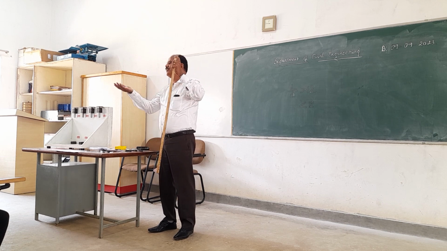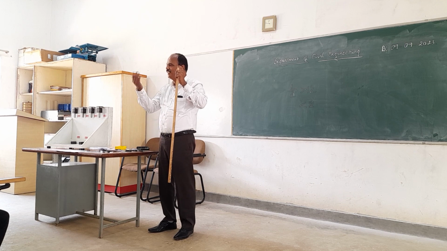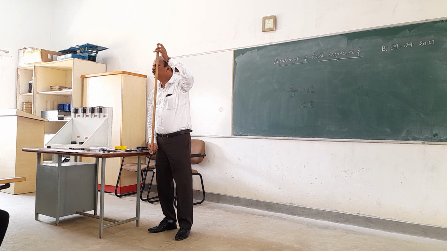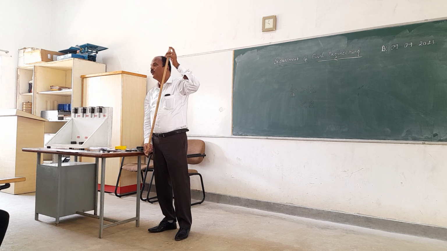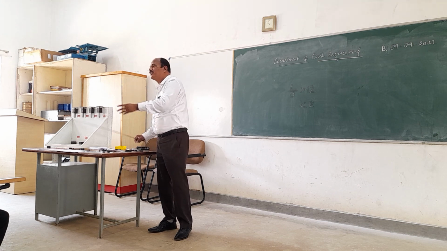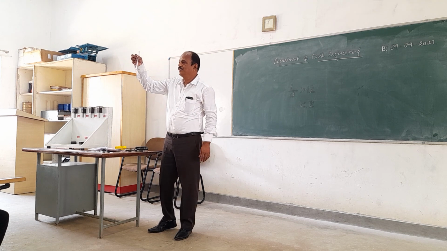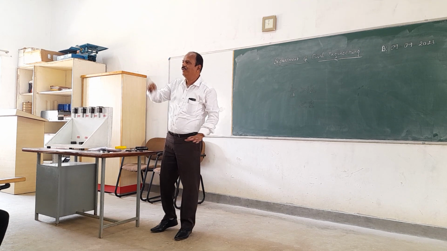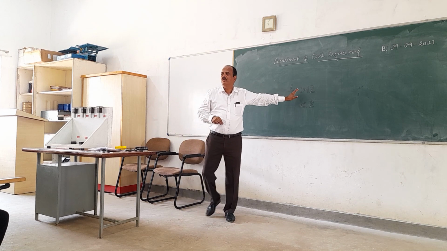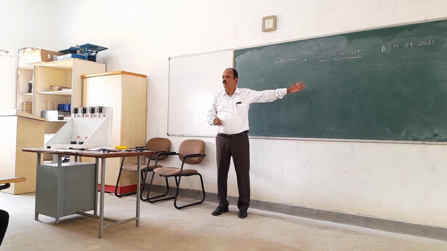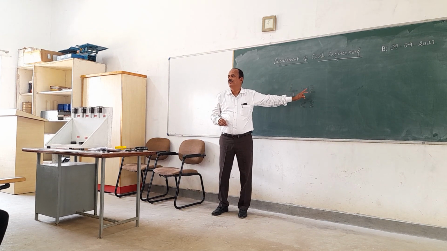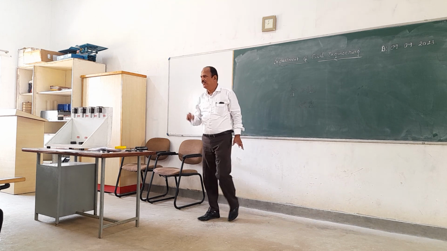If it is in between long and short, that is an intermediate column, the failure will be due to the compressive load as well as the buckling load or bending stresses. And if it is a very short member, it fails mainly due to the direct stress. Anyway, we have differentiated into a long column, with the slenderness ratio greater than 12, and if it is less than 12, we call it a short column.